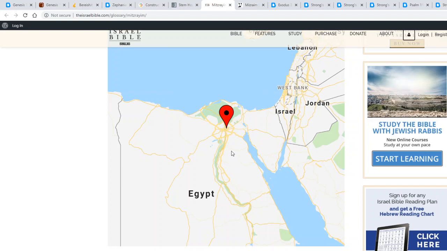Apparently the double language, right? Mitzrayim is plural, and that actually comes from the fact that there was an Upper Egypt and a Lower Egypt, right? That was something that was known.